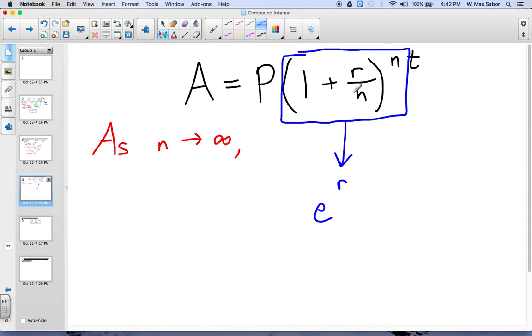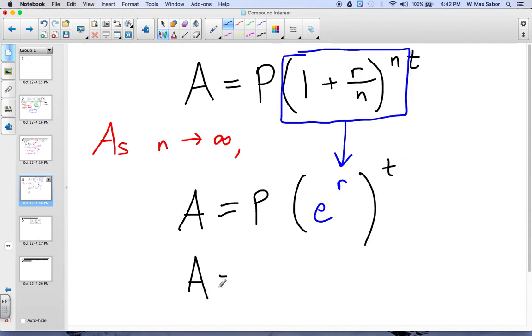But if you type this in with a particular r value, you will get an asymptote at e to the r. So what this whole thing simplifies to is A equals P times e to the r to the t, or A equals P times e to the rt.